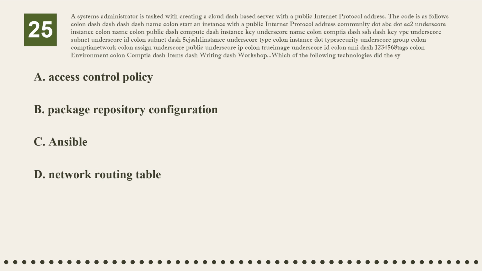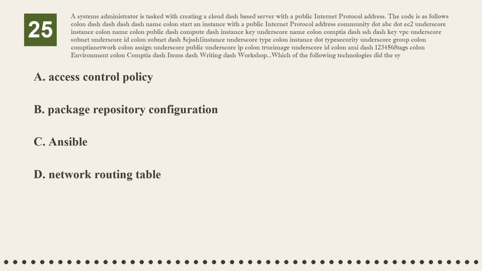The code is as follows: name: start an instance with a public Internet Protocol address, community.aws.ec2 instance, name public compute instance, key name CompTIA SSH key, VPC subnet ID subnet 5 CJSSH1, instance type instance.type, security group CompTIA, network assign public IP true, image ID AMI-1234568, tags environment CompTIA.